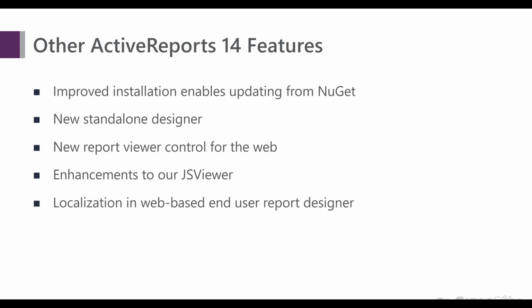So if you have long, large reports spanning multiple pages, and your users are looking for a specific text, they can type that in, and the text search will return matches for that string, along with the page number, and the user can click on it and navigate directly to that page. So these are some of the features that came out with ActiveReports 14.